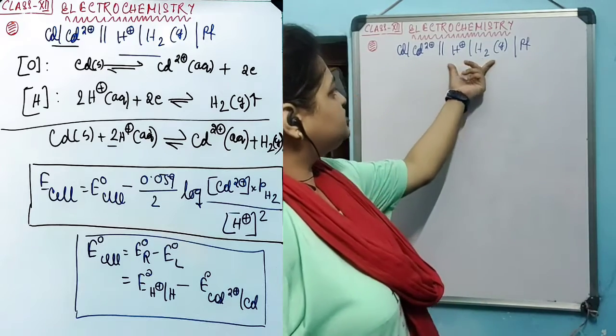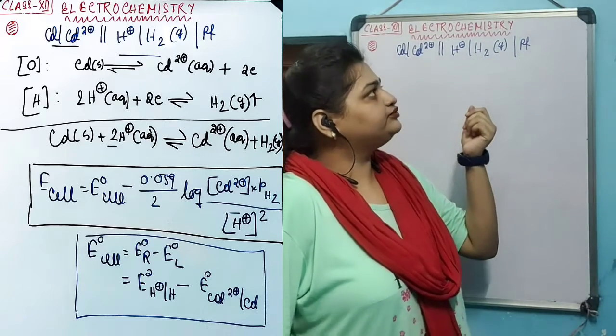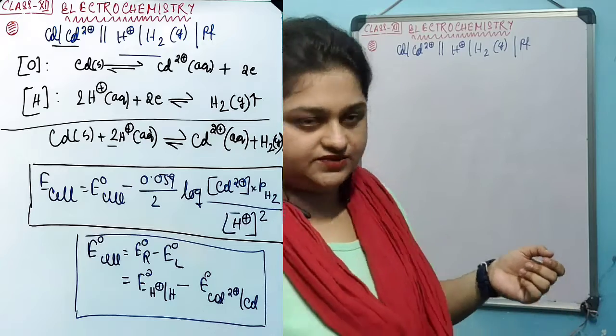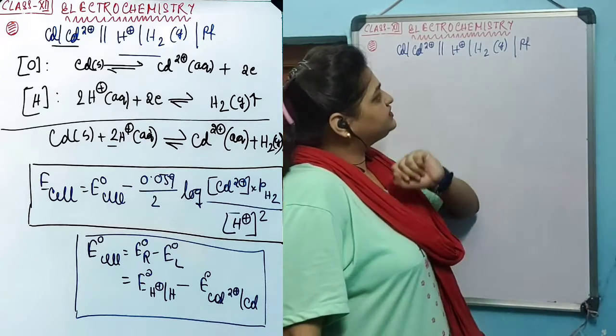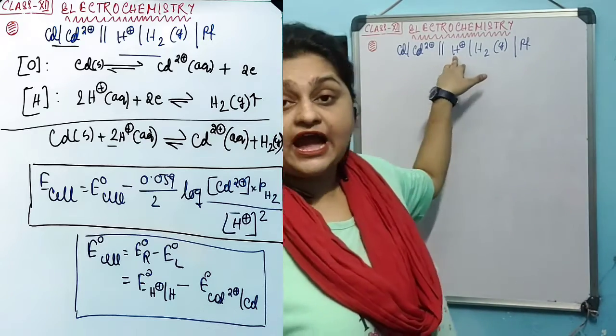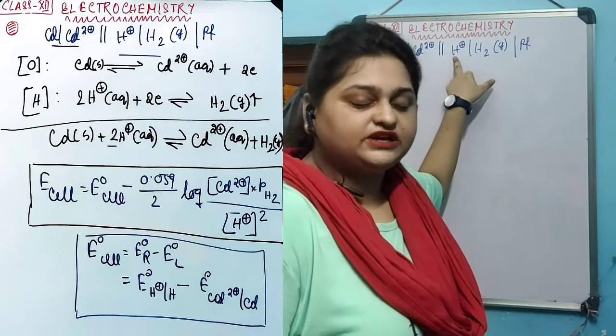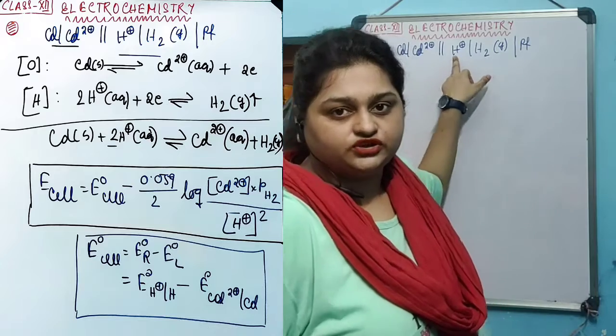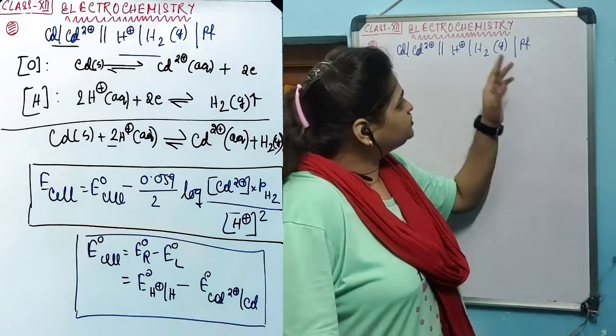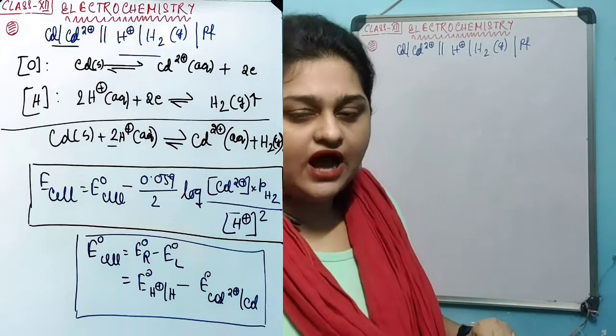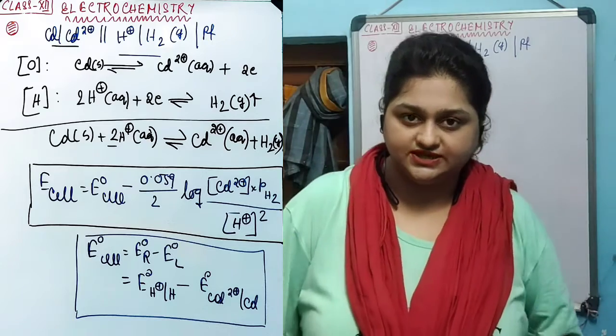When there is no species in the solid state, like in this half cell reaction, H plus is in the aqueous solution and is transforming into a species, hydrogen, which is in gaseous state.